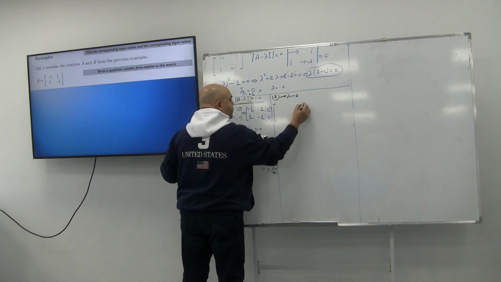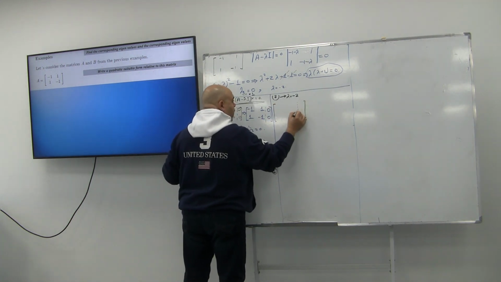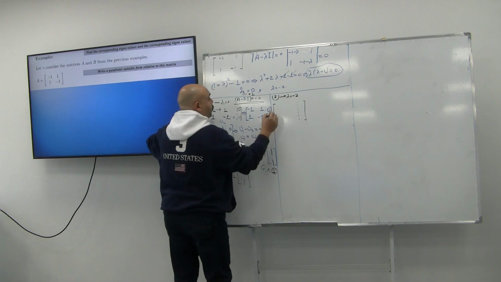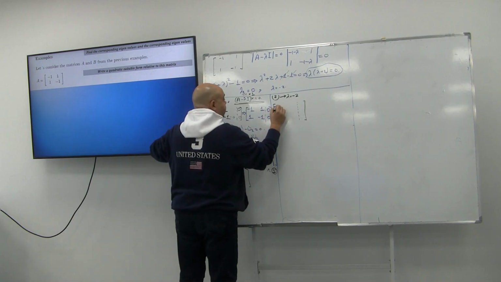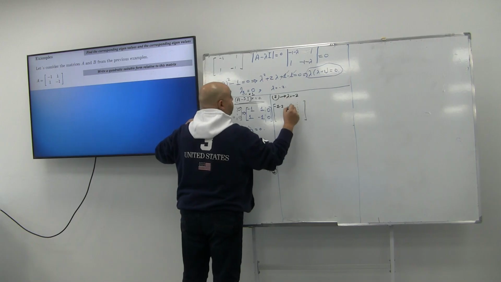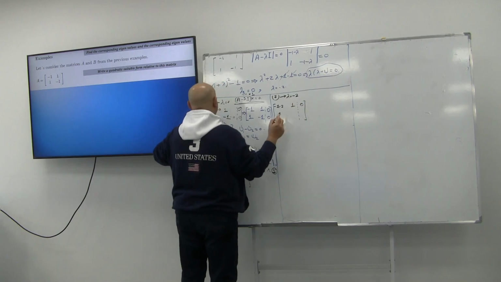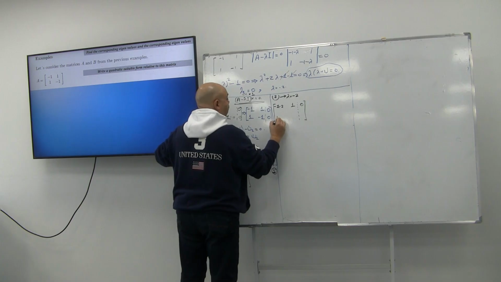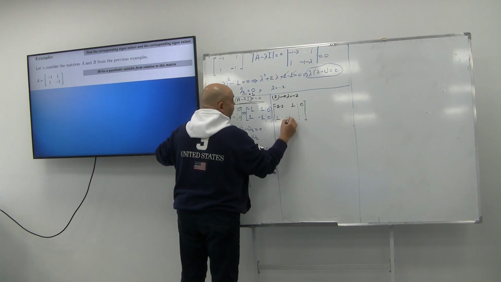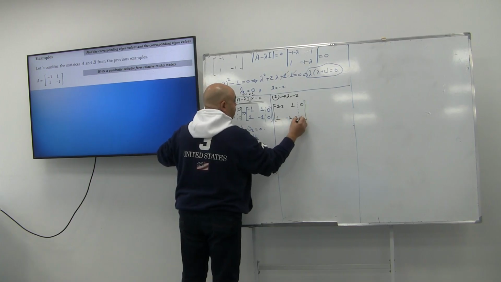So now the matrix that we are talking about is going to be -1 minus -2 on the first row, then 1, equals 0. For the second row, I will have positive 1, -1 minus -2, and it's equal to 0.